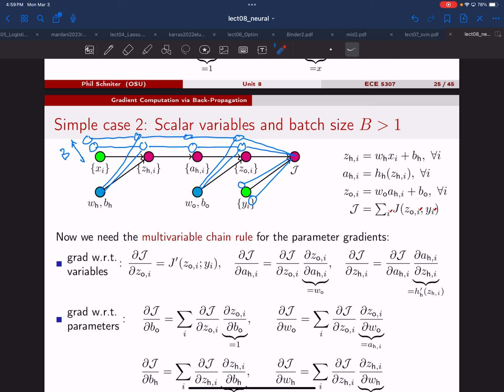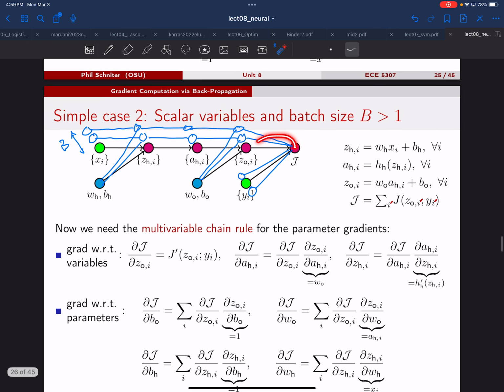But otherwise, if you look at just one term within that sum, it's identical to the last slide. It's dJ/dz_O,i times dz_O,i/db_O. And that we get from this equation. We can reuse those computations here.